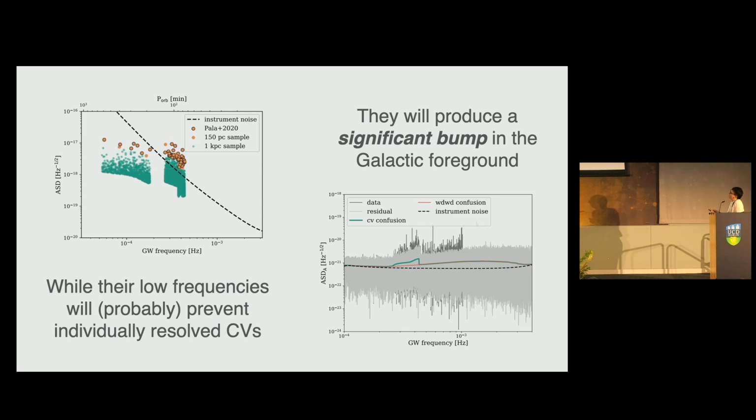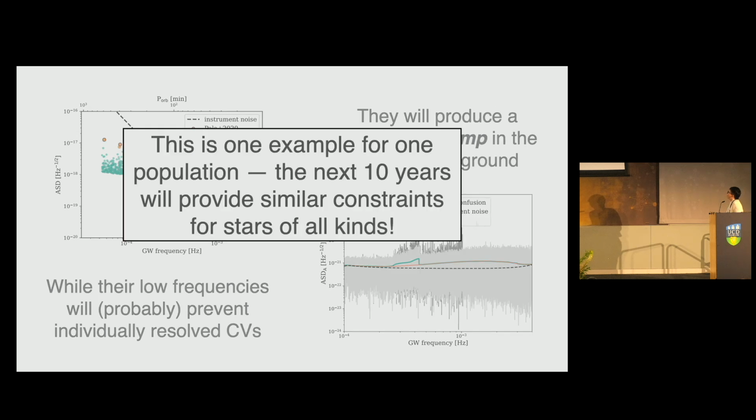The coolest part is that this period minimum, we actually don't know what it is very well, because these systems get really dim. So LISA, where we get this little drop-off, is going to tell us exactly what the period minimum is for the CVs. That's cool. All right, this is one example for one population.